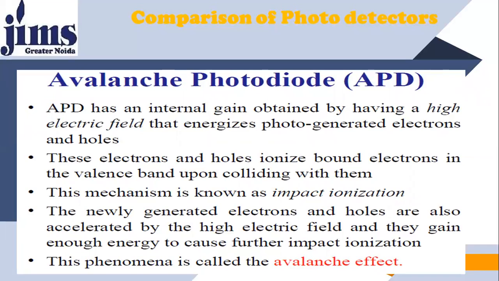The newly generated electrons and holes are also accelerated because they are in a high electric field, and they gain enough energy to cause further impact ionization. So when an electron is freed by the impact of one photon, it has high acceleration and high force, and it knocks neighbor bound electrons free.